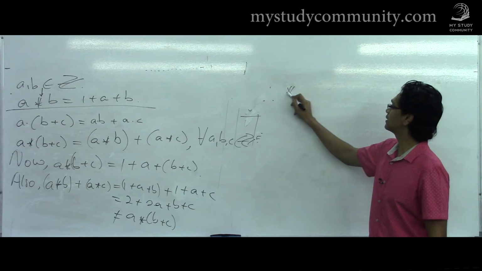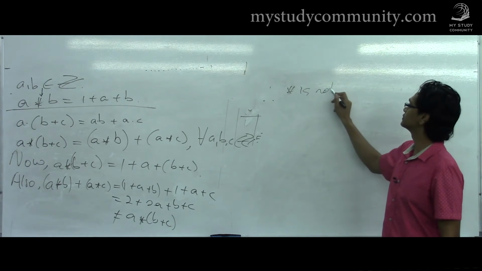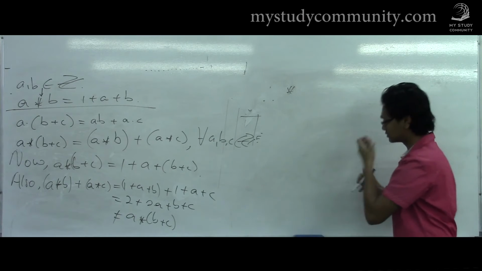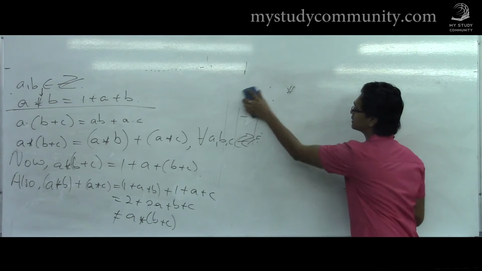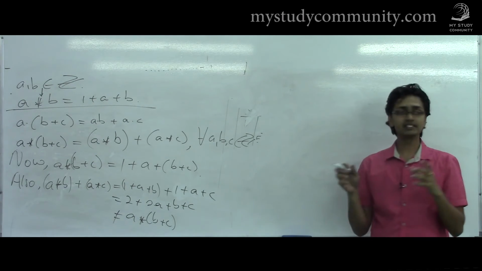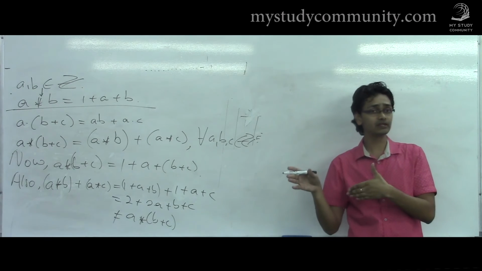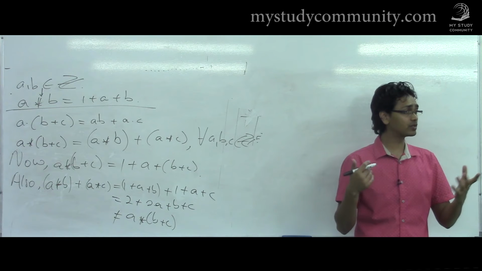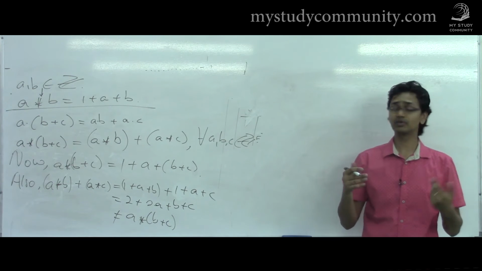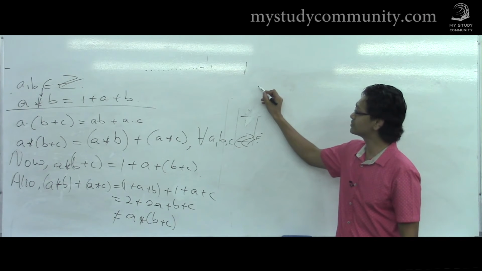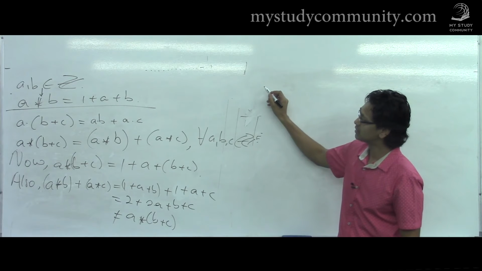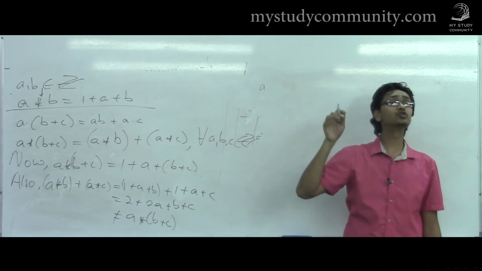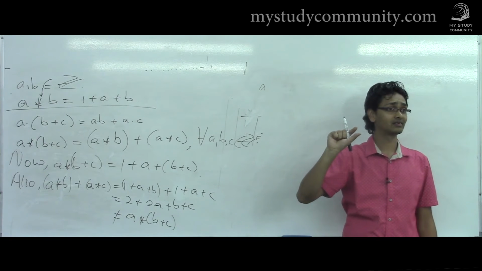In fact, before I conclude, generally what happens is when we show something is not something, we give a counterexample. So simply come up with a couple of values just to give an example. Anybody could choose some random values for A, B, and C. I would choose, and this is important, I have learned this from experience, do not choose the identity element.